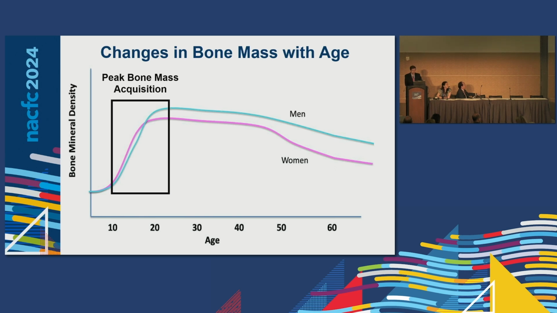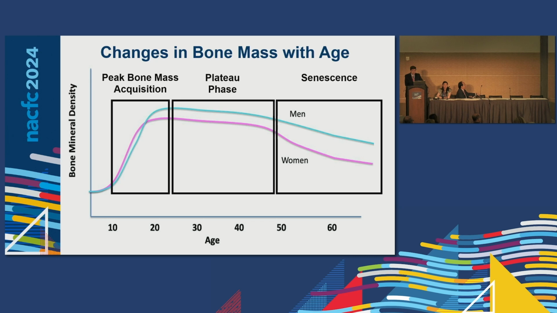This is in large part related to differences in testosterone levels in boys. This is followed by a period where bone density is relatively stable, or a plateau phase. And then with older age, or senescence, there is a gradual decline in bone mineral density. Women experience a period of accelerated bone loss around the time of menopause that further contributes to greater risk of fracture, in addition to lower peak bone mass in adolescence.